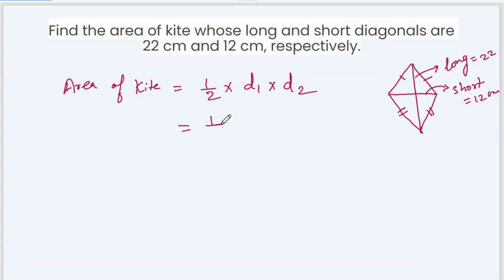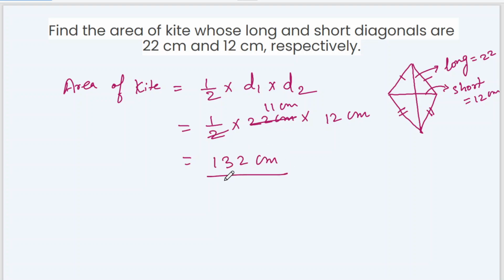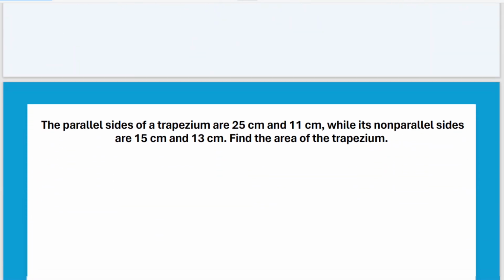So, it is half into, how much is d1? 22 centimeter, and how much is d2? It is 12 centimeter. So, it can be written as 11 centimeter here. Now, this is 132 centimeter square. So, the area of kite we have calculated is 132 centimeter square. Okay. Next question.